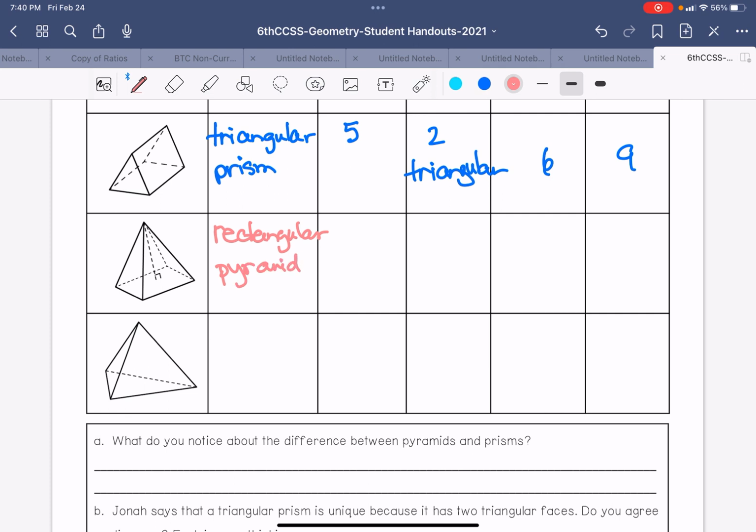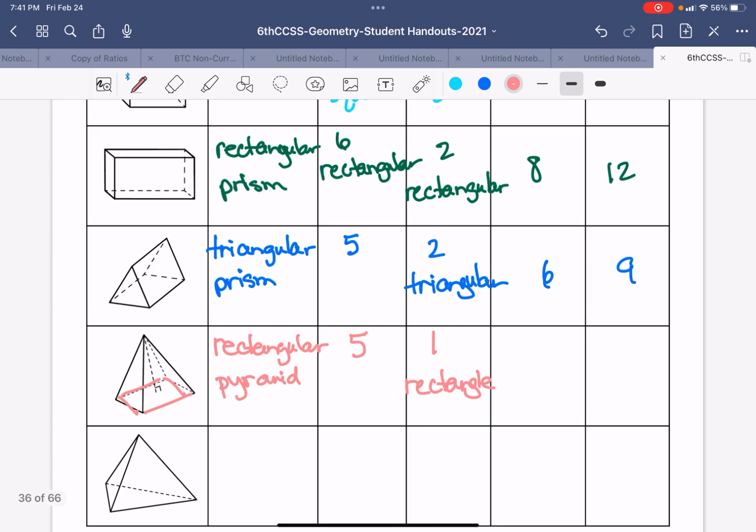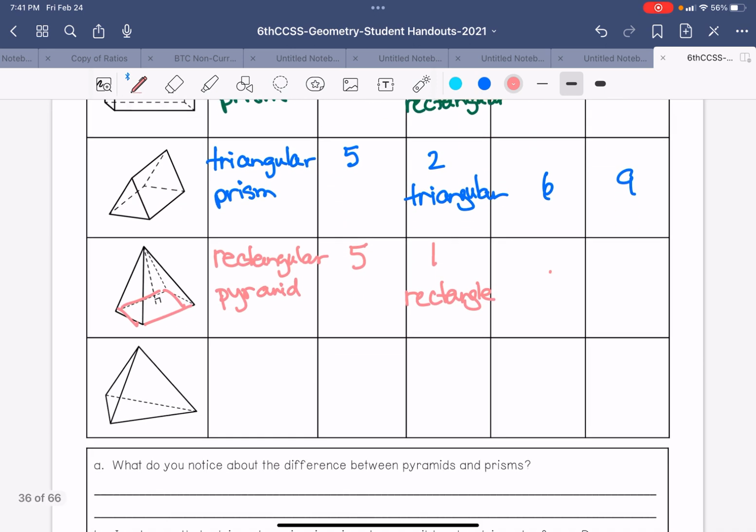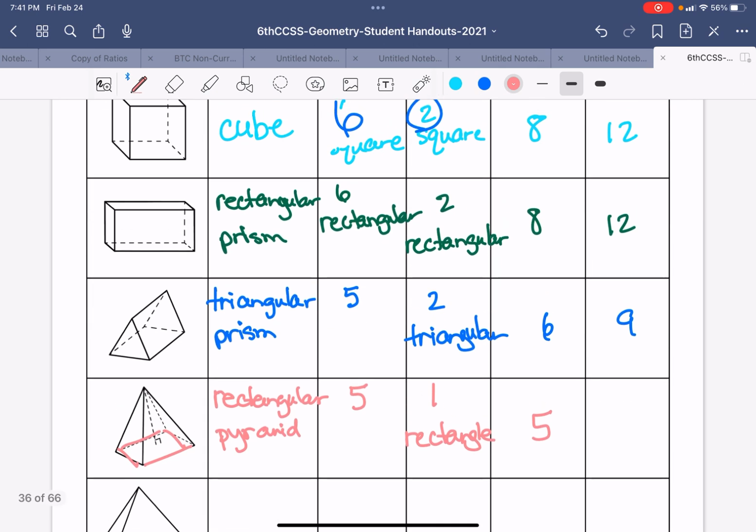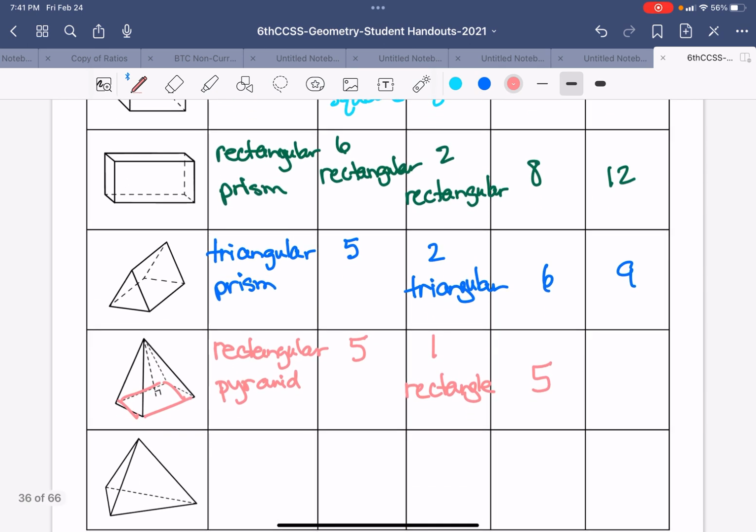A rectangular pyramid because the base is a rectangle. It has 5 faces, but it only has 1 rectangle base. It has 5 vertices and 8 edges.